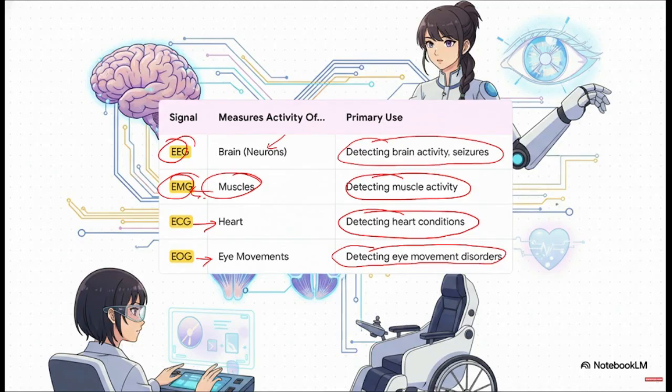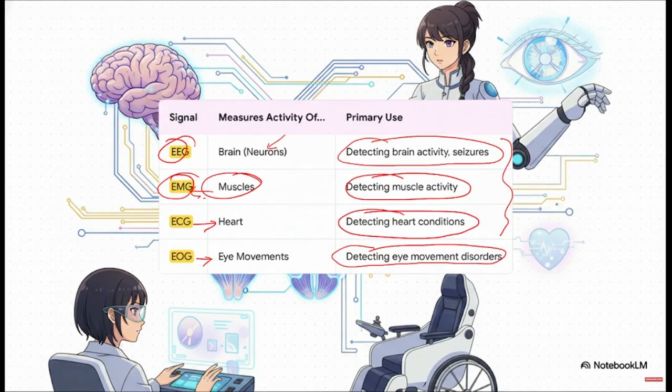Now, when we look into these four types of signals, all four of them are basically electrical signals. On the other hand, our speech is basically a physical signal, not an electrical signal.